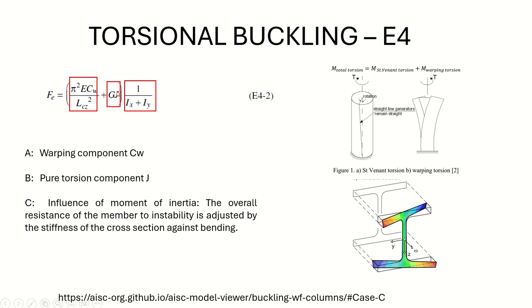That's why it contains the torsion constant and the shear center. Okay, you can see in this picture both behaviors that compose the total torsion behavior, and that is why this equation has this form.